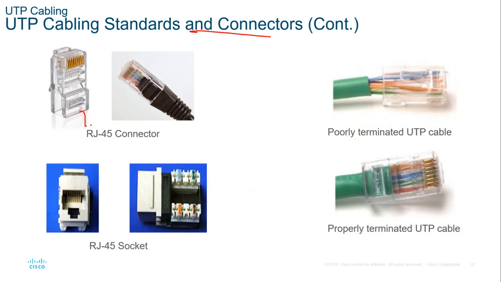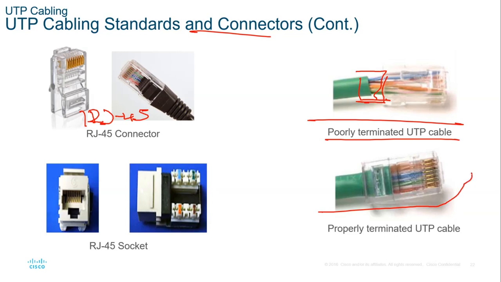So this is what we call RJ45, and this is a poorly terminated cable. We are not supposed to be seeing this space, and this is a properly terminated UTP. So we even have what you call an RJ45 socket. This is common most of the time.